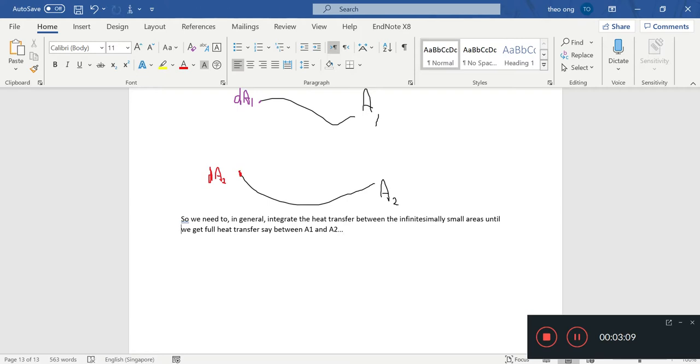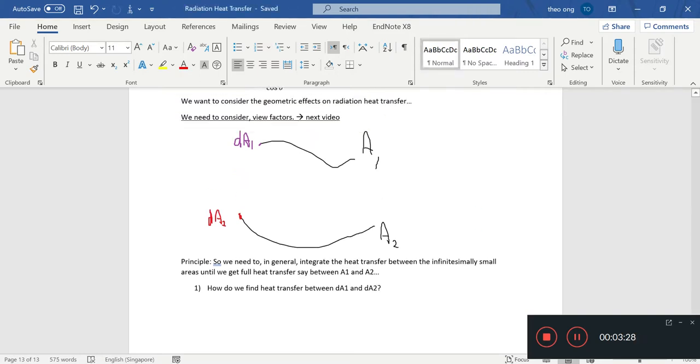That's the principle. So step one is to ask, how do we find heat transfer between dA1 and dA2?